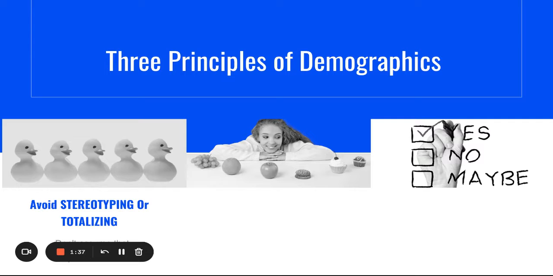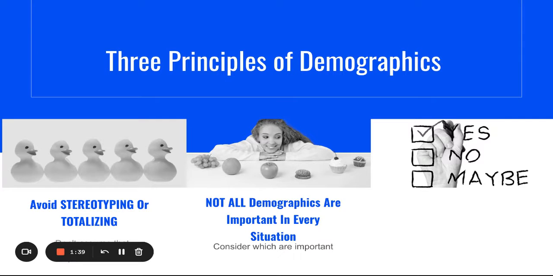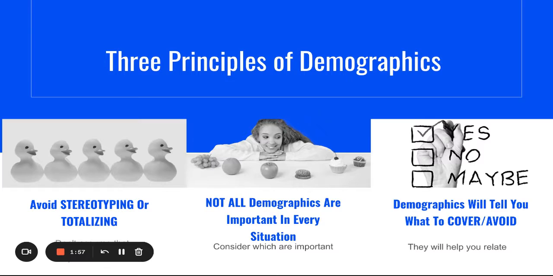Avoid stereotyping or totalizing. So, avoid considering, okay, if this person is of this demographic, this is how they feel in all of these situations. I think we know that that's not necessarily always the case. Not all demographics are important in every situation. So, consider what demographics are important considering the situation in which you're speaking.